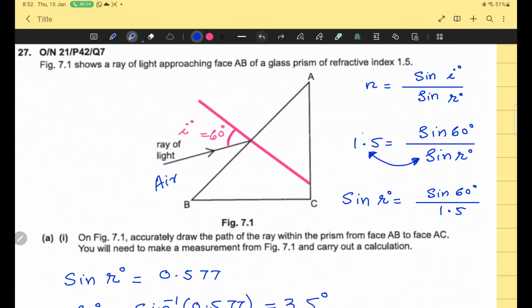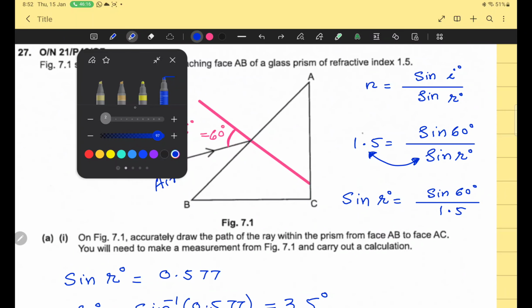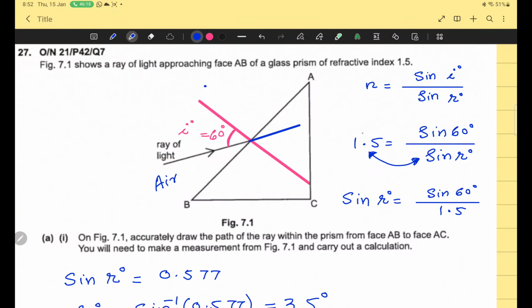But you have to draw a line which is making 35 degree angle with the normal. This angle should be 35 degree, which you have calculated.